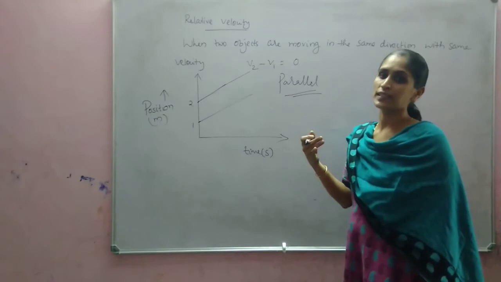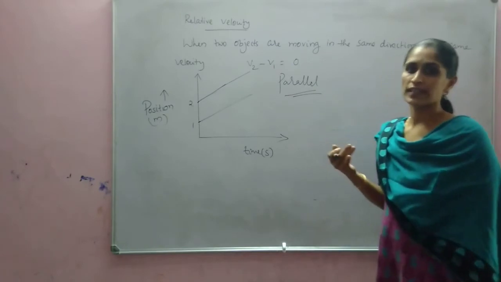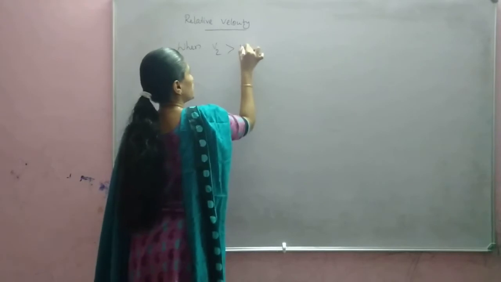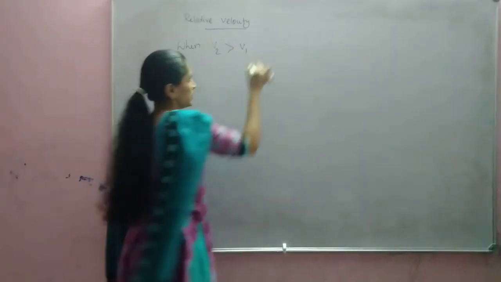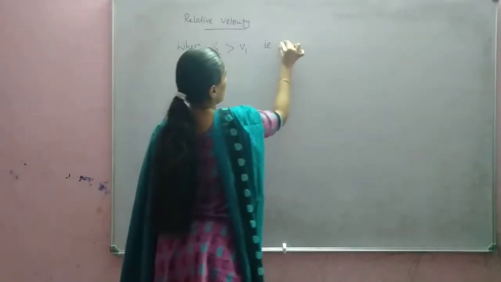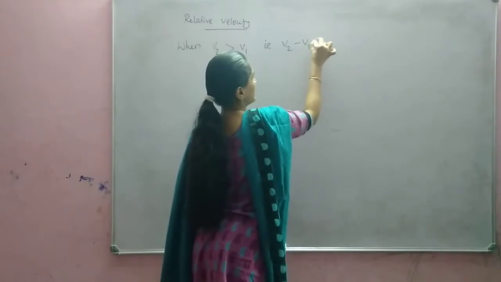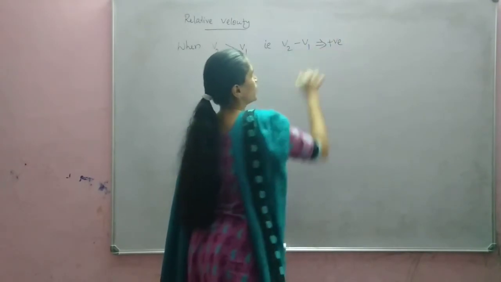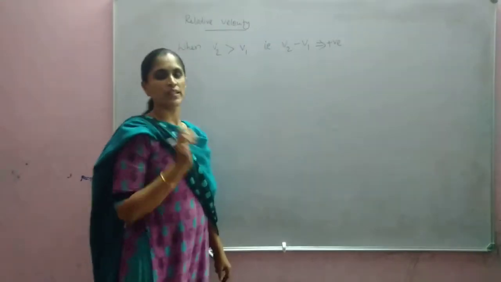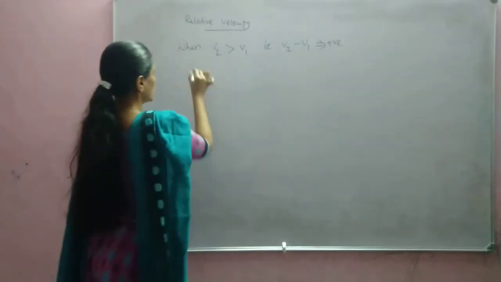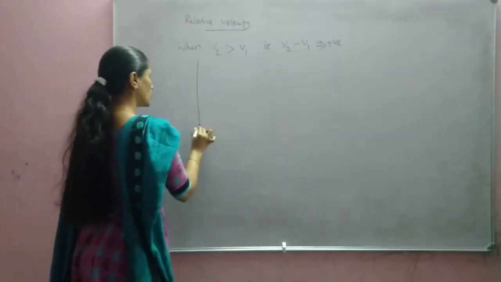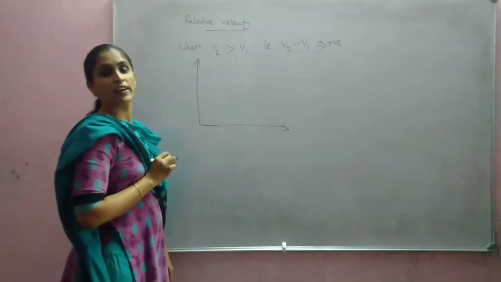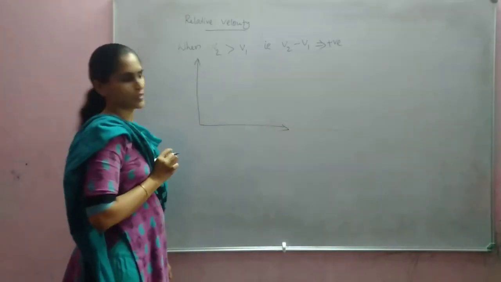Now we will discuss the next case, when v2 is greater than v1, which means v2 minus v1 is a positive quantity. We are considering how the position-time graph looks if relative velocity is positive.